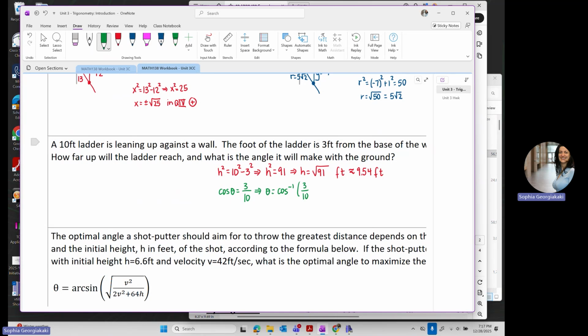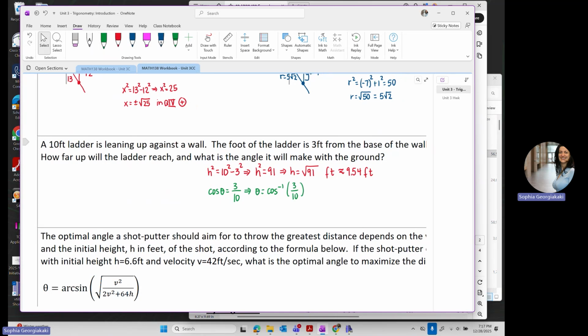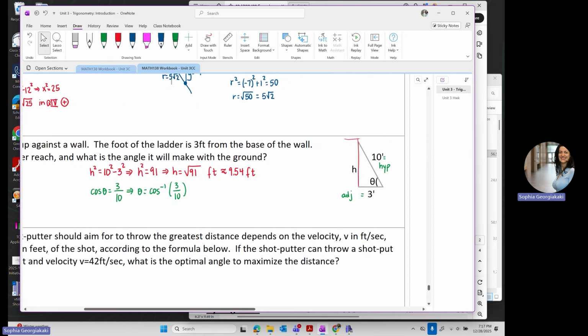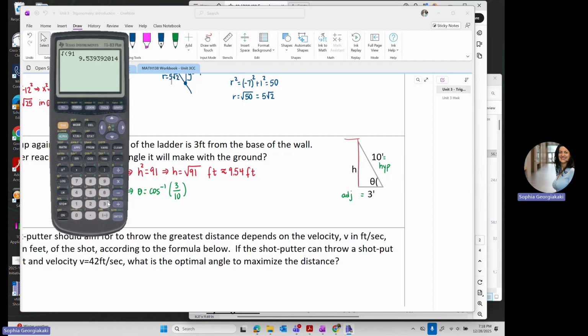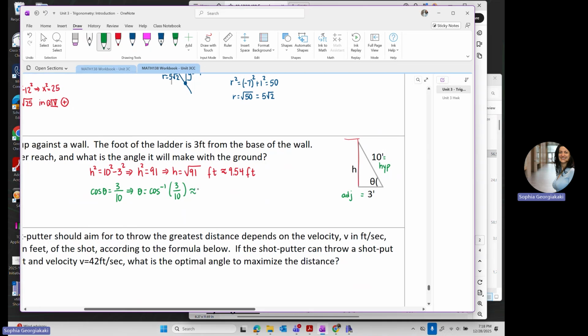Again, I am in quadrant 1, so acute angles that are positive, and the inverse cosine will return that value. Now, this is the exact answer in radians, inverse cosine of 0.3, but if they need a decimal approximation to the nearest tenth of a degree, I will take the inverse cosine of 0.3, which is 3/10, and the answer will be approximately 72.5 degrees.